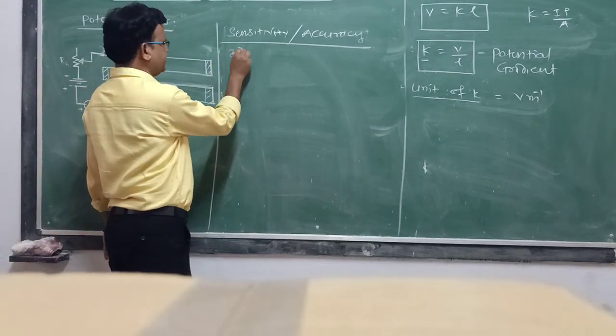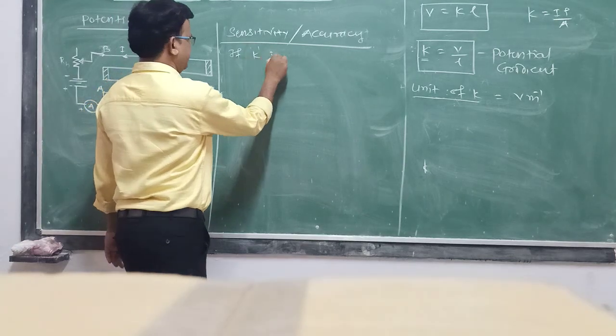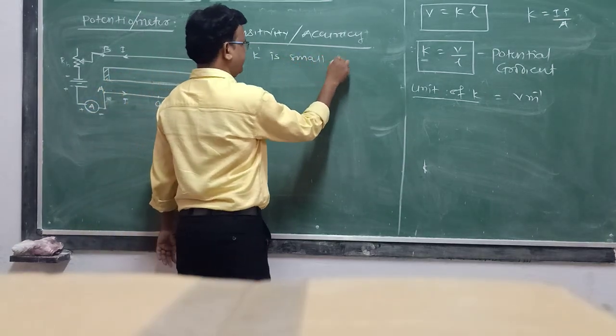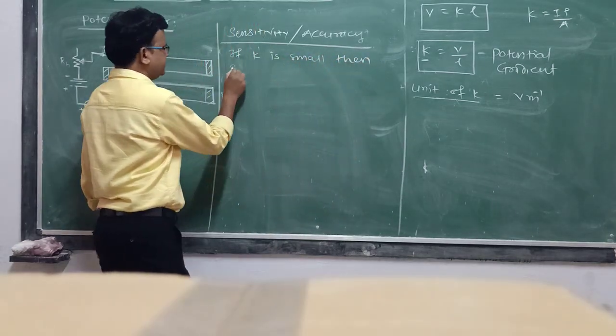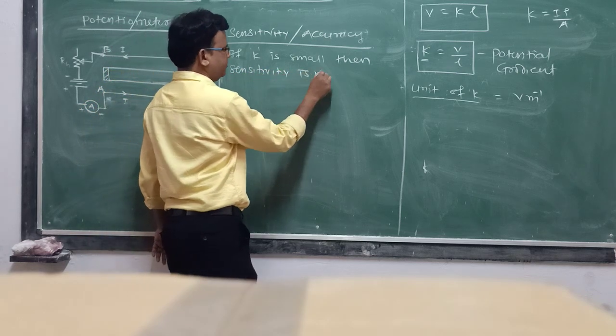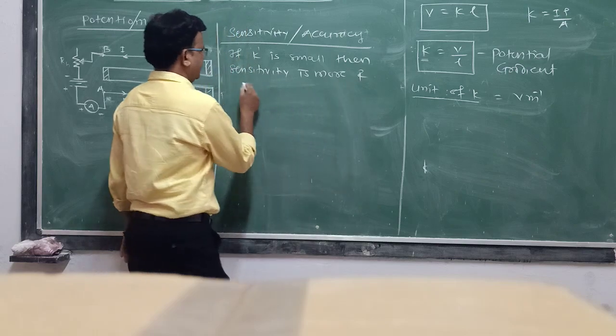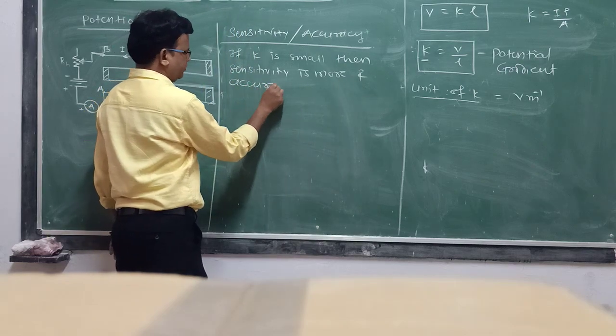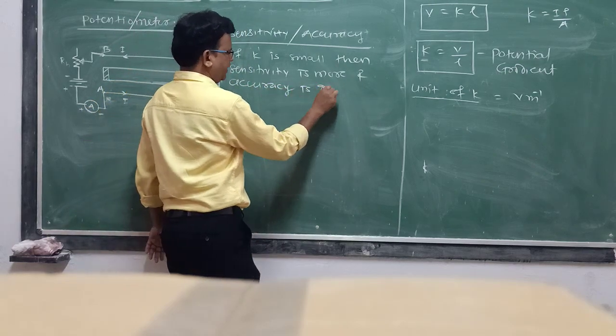Simply we can say that if K is small, then sensitivity is more and accuracy is good, and vice versa.